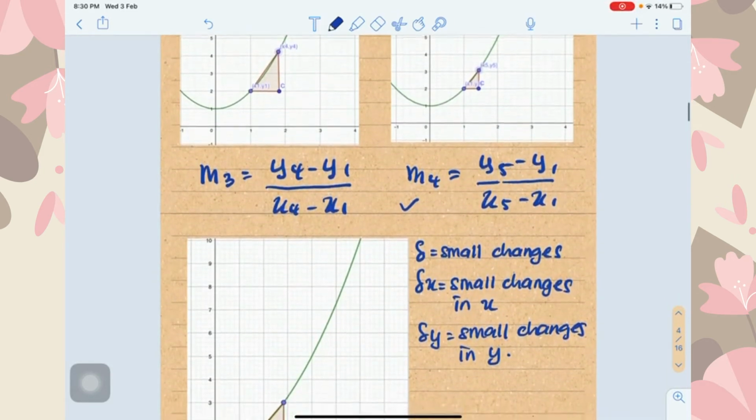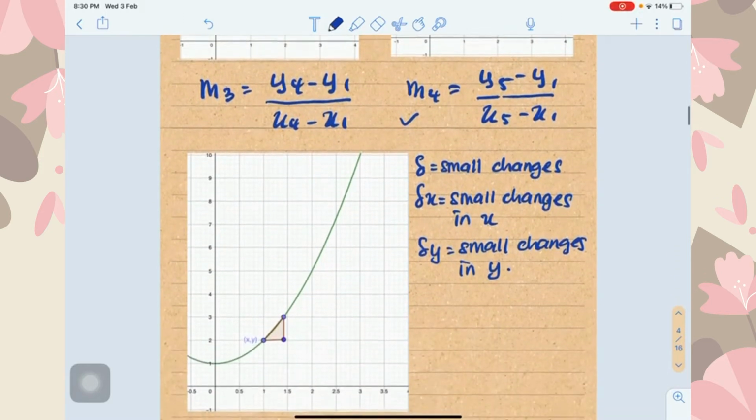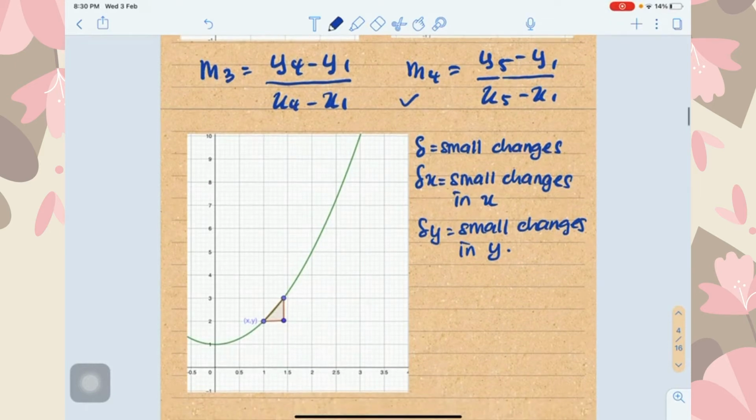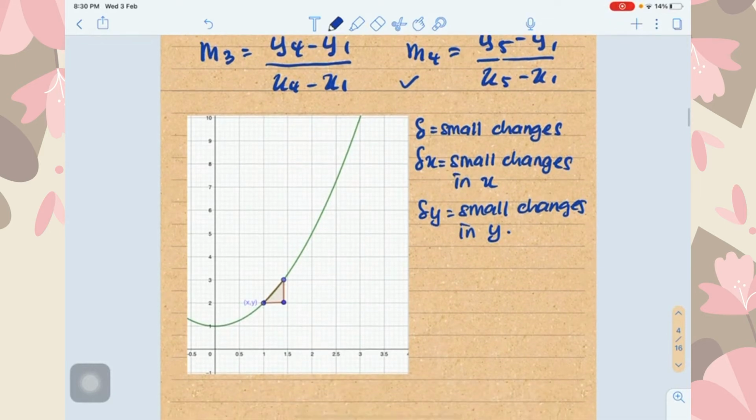Now look at this. Here is point A. We are going to find gradient at point A. Then we choose another point B nearest to A. Let's say here is B. Now let me introduce delta.